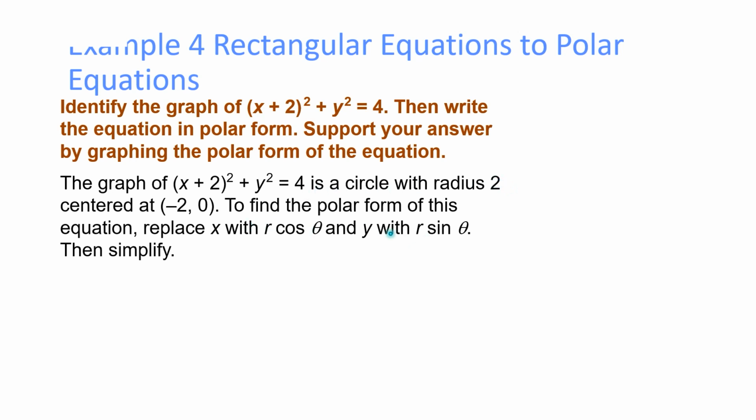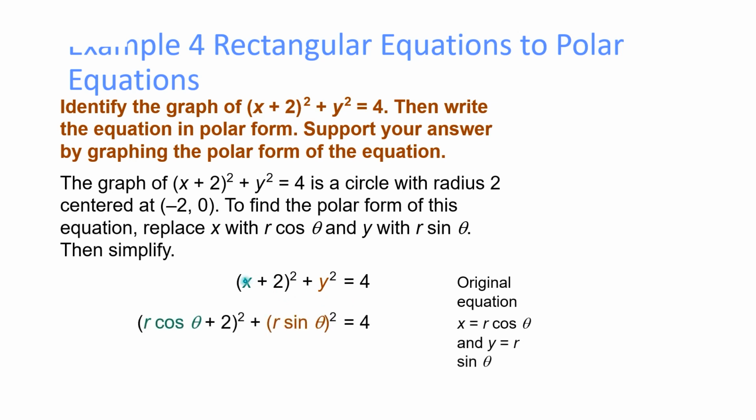To find the polar form of this equation, replace x with r cos theta and replace y with r sin theta. So (x + 2) squared plus y squared equals 4. In place of x, you write r cos theta, and in place of y, r sin theta.